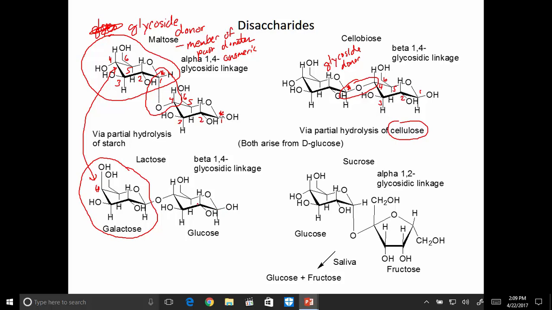What happens here is that humans have the enzymes necessary to process the alpha glycosidic linkage, but not the beta glycosidic linkage. The only one that we readily process is the beta glycosidic linkage of lactose. You're born with that ability because you use milk, whether it comes from a cow or your mother or a goat or whatever, but it still has this linkage here.